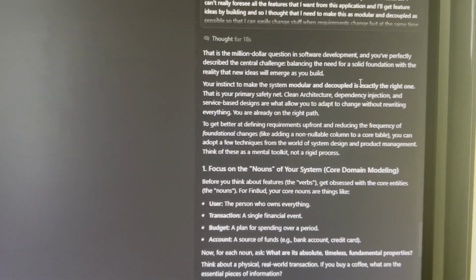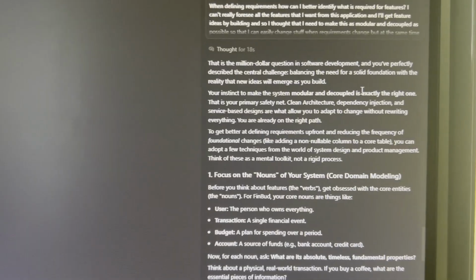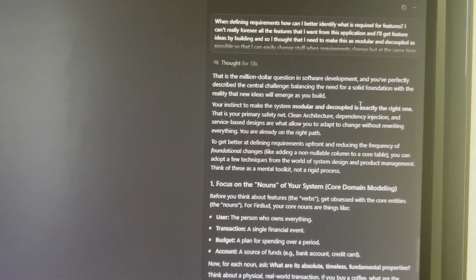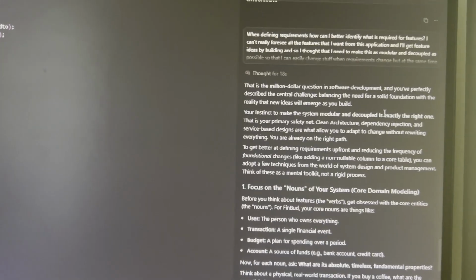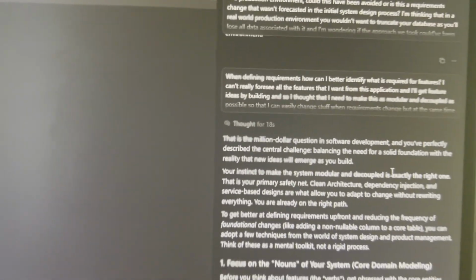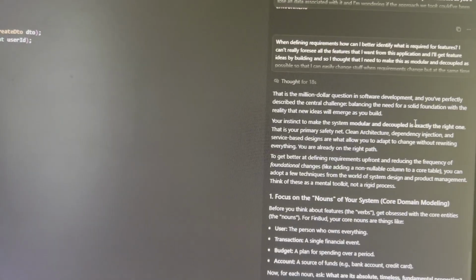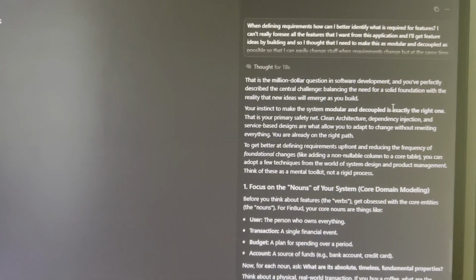So this is how I'm using AI. I'm pretty much using it as a pair programming partner, and I asked it about defining requirements for a model for a feature, and it actually brought a pretty nice system.